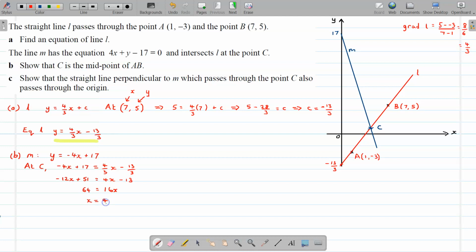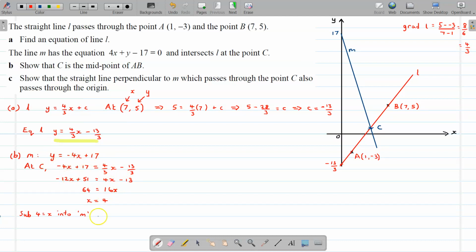And if x equals 4, I can substitute x equals 4 into the equation for m, or indeed any of the equations above, but I'm going to use this one here.